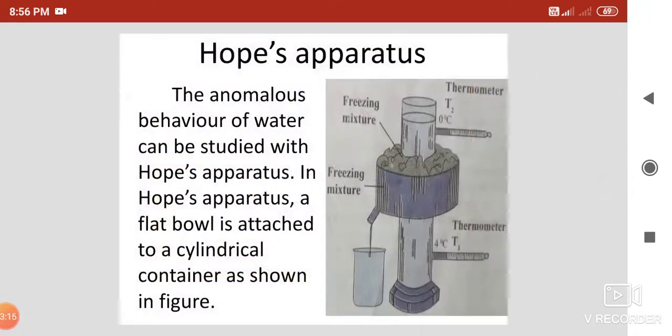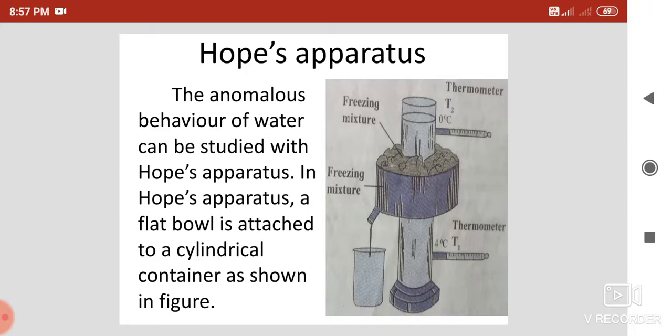Now let us look at Hope's apparatus. This apparatus is used to study the anomalous behavior of water. In the apparatus there is a cylindrical container, and around that container a bowl is attached.